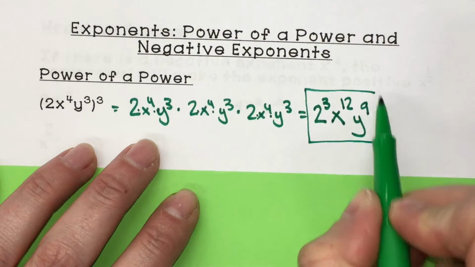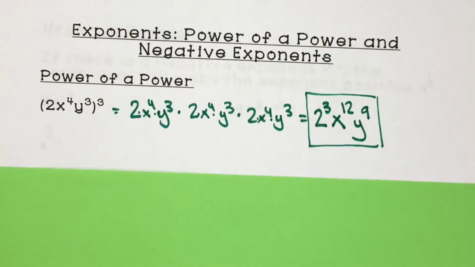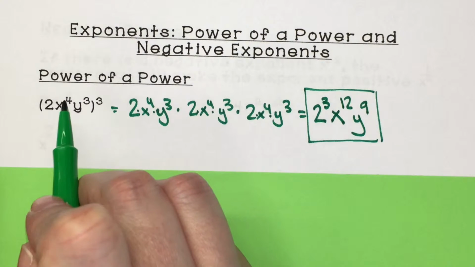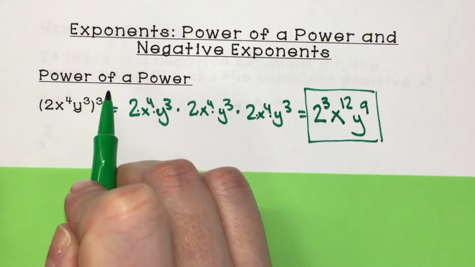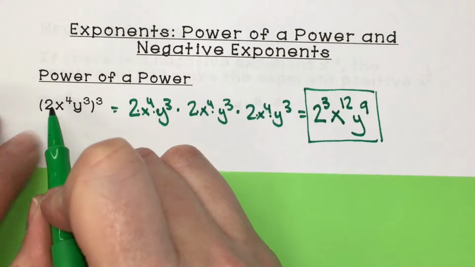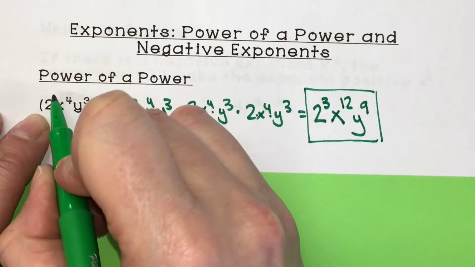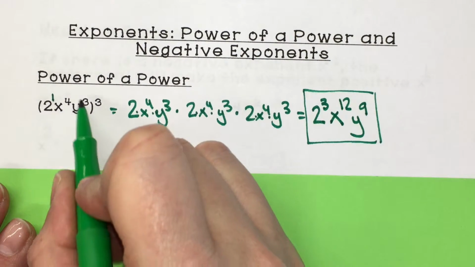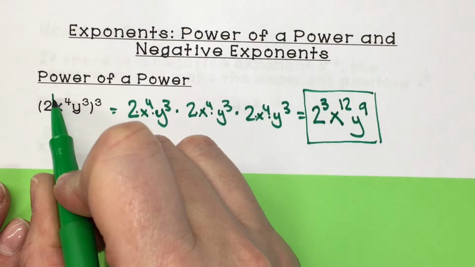Okay, so now I'm going to show you a shortcut. So if you have a power raised to a power, you're going to take the exponents inside and you're just going to multiply them by the exponent on the outside. So even this number 2, it's raised to the power of 1. So any numbers or variables that do not have an exponent that are inside the parentheses, you're going to raise to the power of 1.